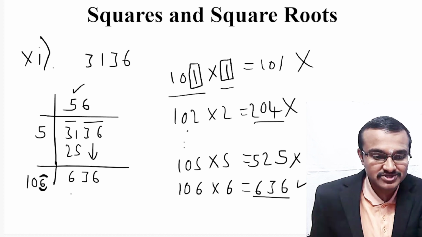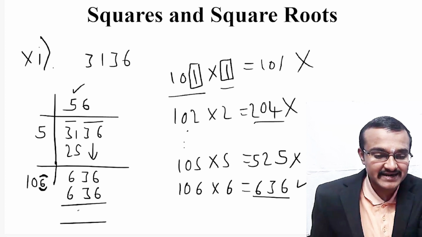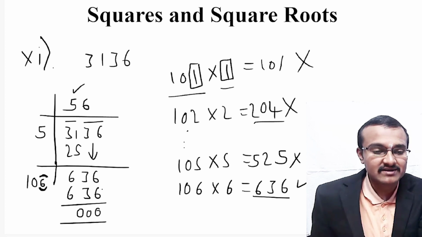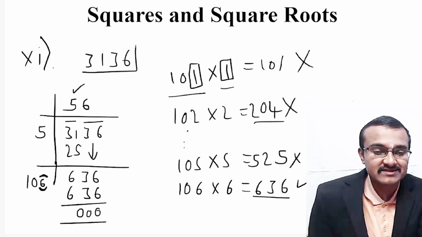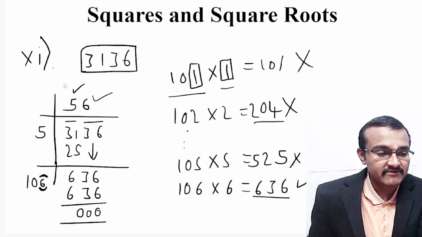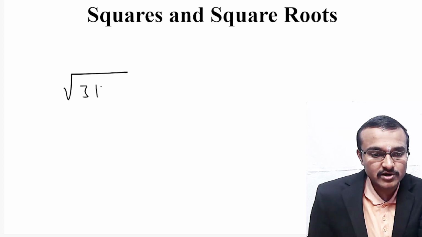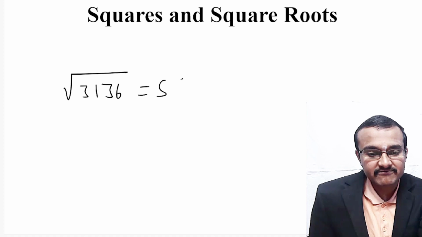So 106 into 6 will be 636, and you are getting 0 here in the remainder. That shows this 3136 is a perfect square, and the square root of this 3136 is 56. So the square root of 3136 is 56.